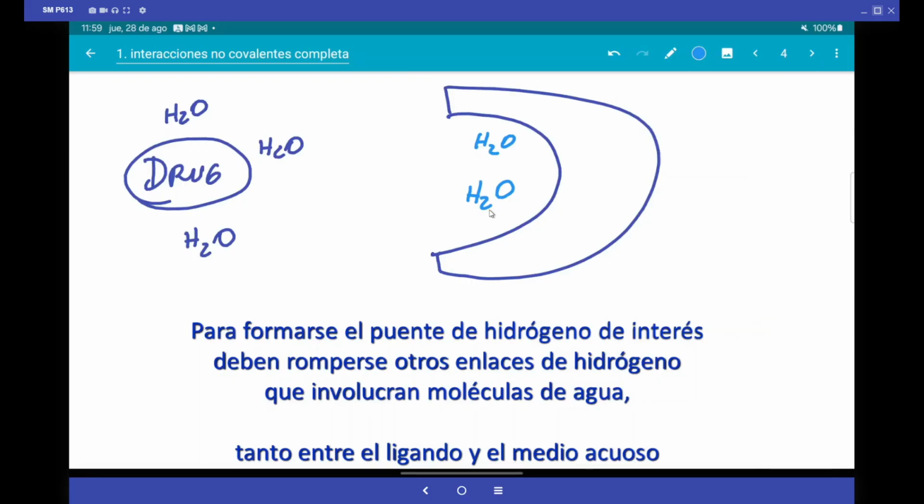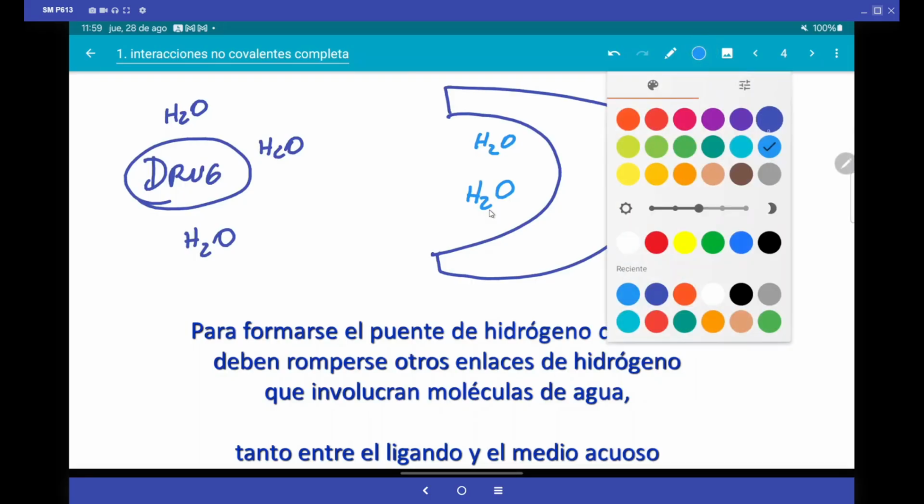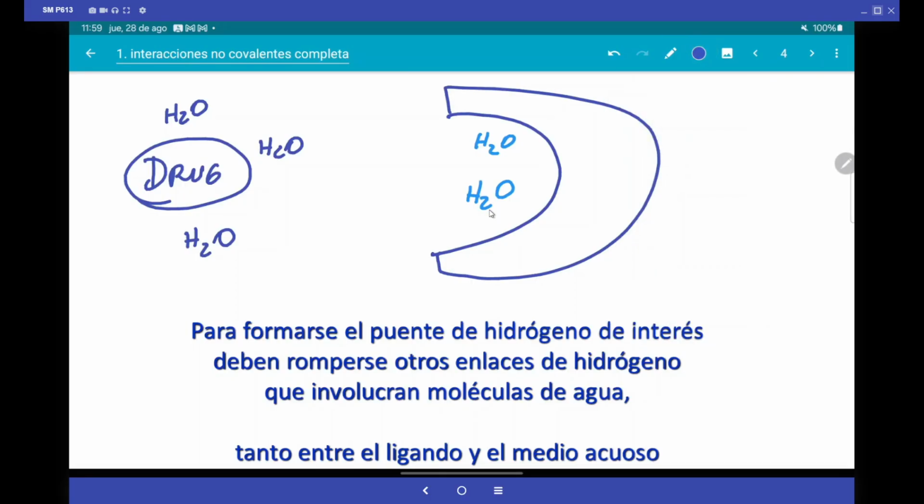That is, the interaction has to be entropically favorable. The interaction must increase the entropy of the system when the drug joins the cavity and the water comes out. And if the entropy increases, the interaction is favorable.